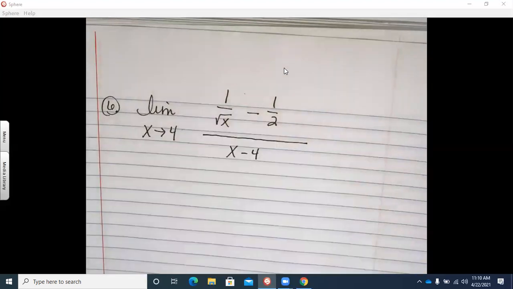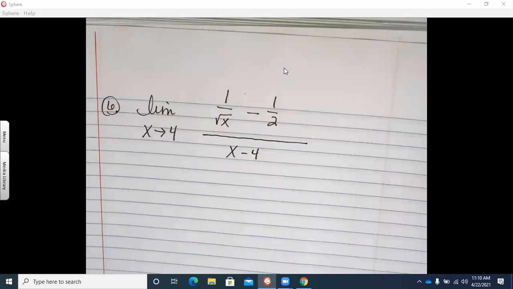Can we start with direct substitution? No, sadly. Okay. So I want that x minus 4 to go away, but also I have a complex fraction that I would like to get rid of. So what could we multiply? What's the least common denominator we can multiply everything by? 2 times the square root of x.